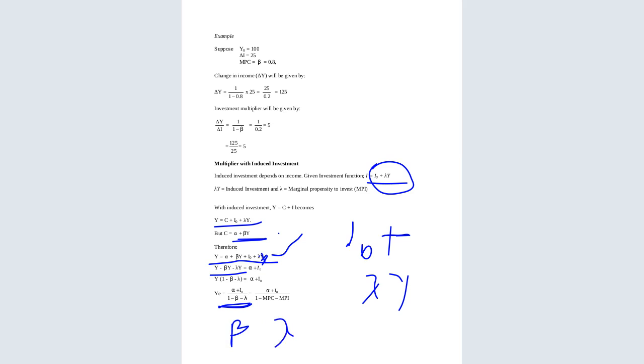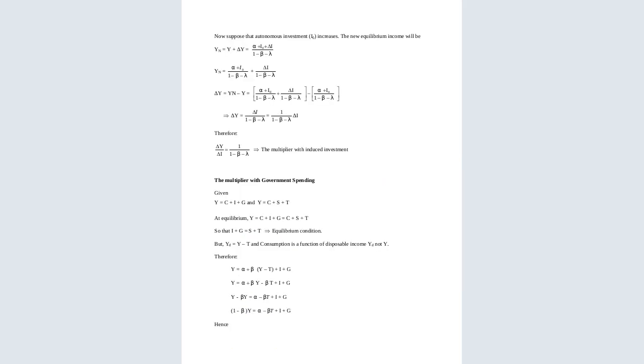So beta is the marginal propensity to consume, and the lambda is the marginal propensity to invest. Alpha is the autonomous consumption. So from here you can find the extended multiplier now.